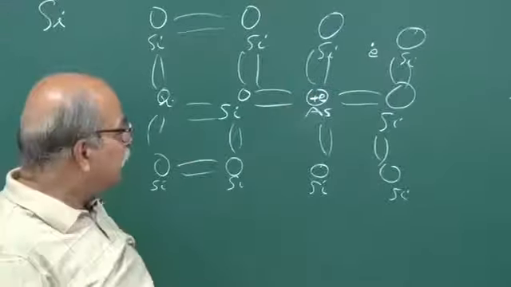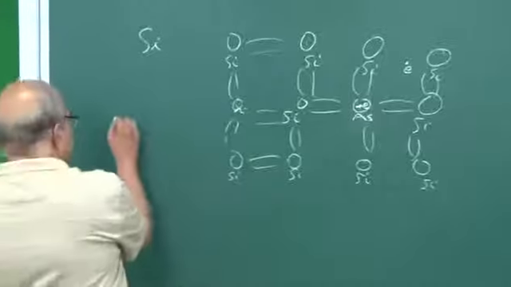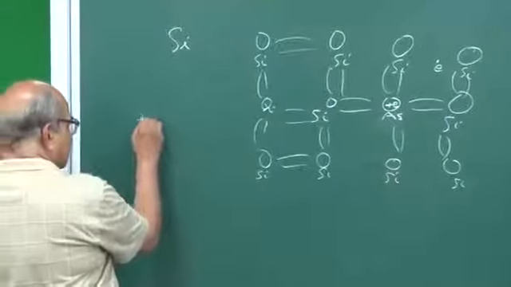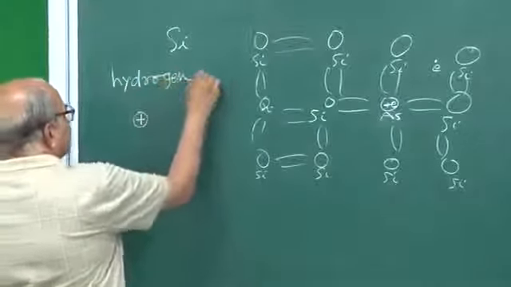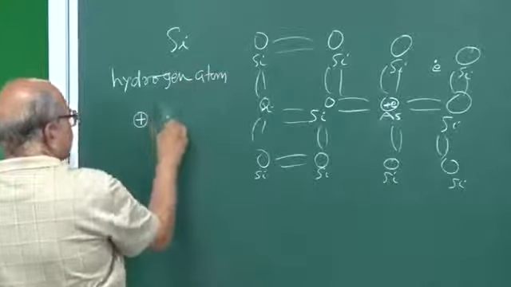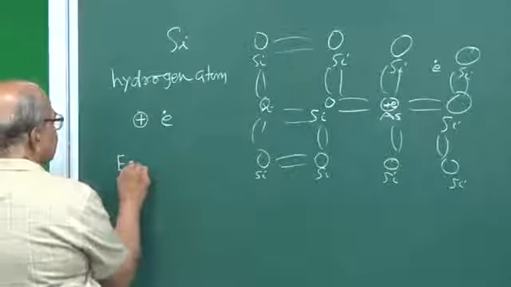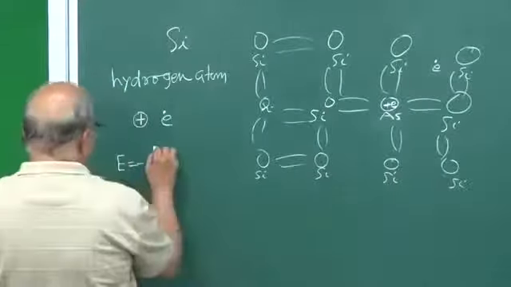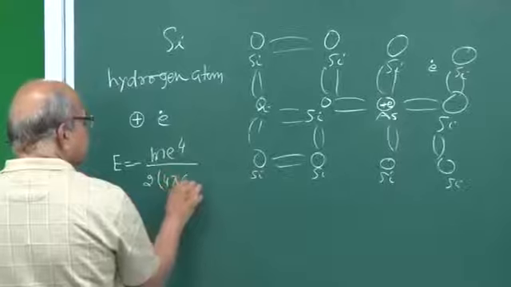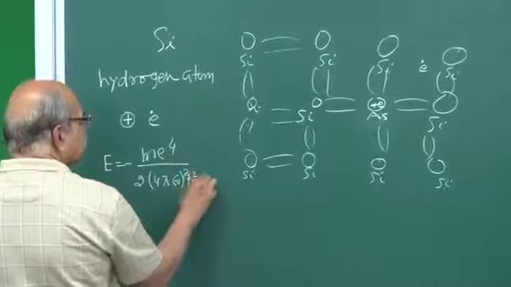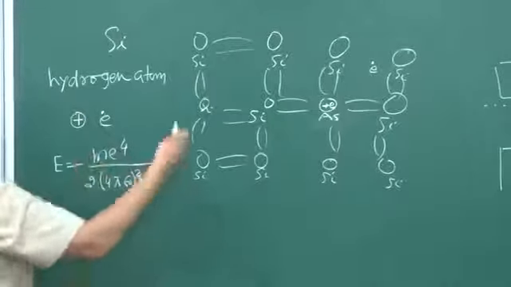You can compare this situation with a hydrogen atom, where you had a positive proton and an electron. If this electron is in the field of the proton, you have energy given by minus m e^4 over 4 pi epsilon naught squared, h cross squared, n squared. So this is bound by this energy, and n can be 1, 2, 3, 4.